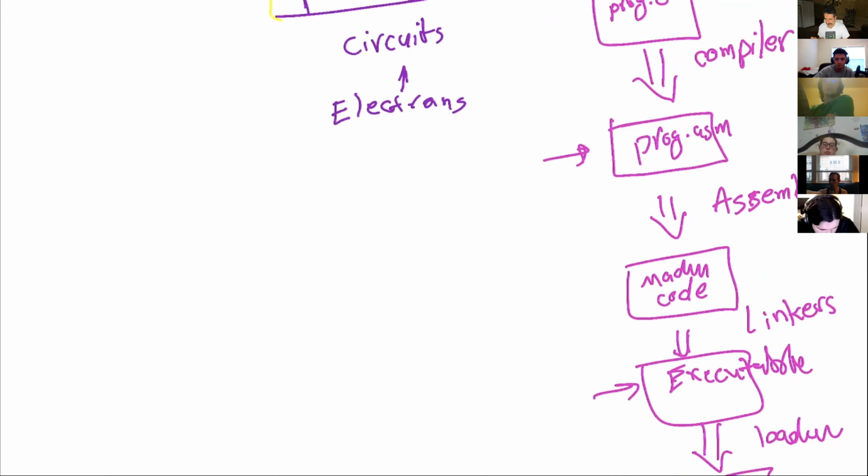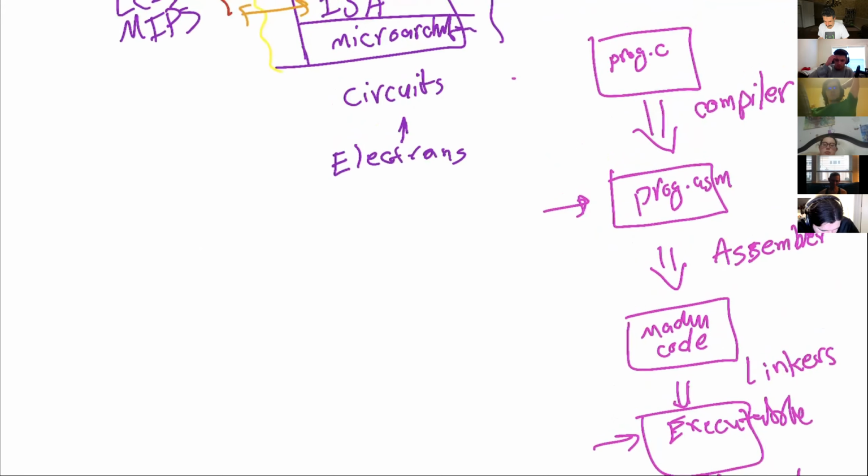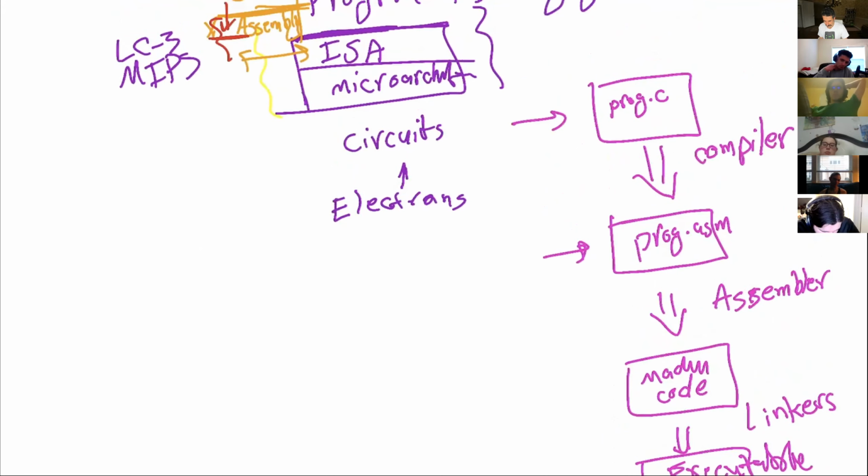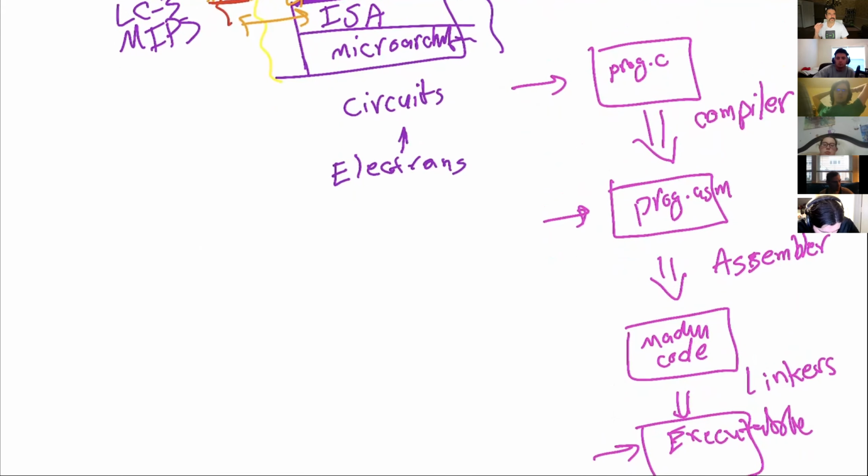So from this high-level code in C, there are some steps that your program will go through. If you think about it, these are typically some sort of transformations.